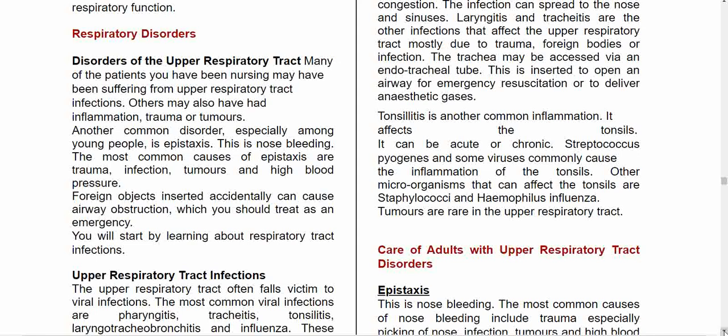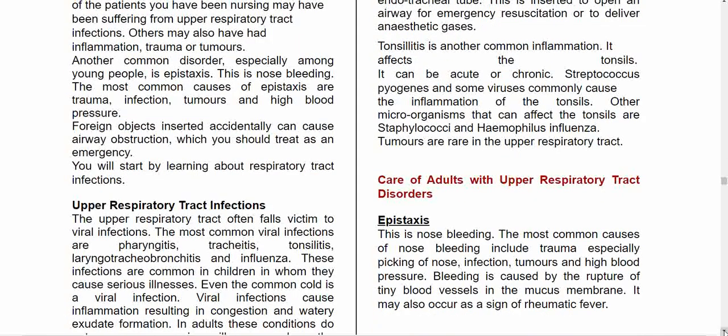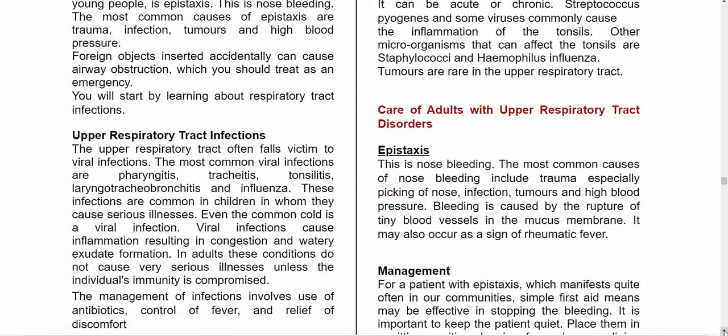Now on the upper respiratory tract infection, we want to detail each of them. The upper respiratory tract often falls victim to viral infection, and the most common viral infections are pharyngitis, tracheitis, tonsillitis, laryngotracheobronchitis. Those are a combination of the pharynx and larynx being infected, the trachea being infected, bronchitis, and then influenza.